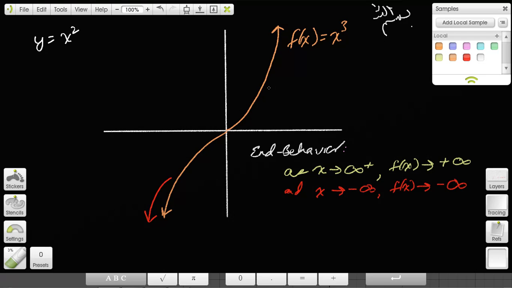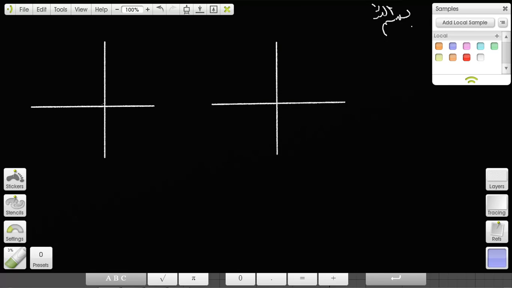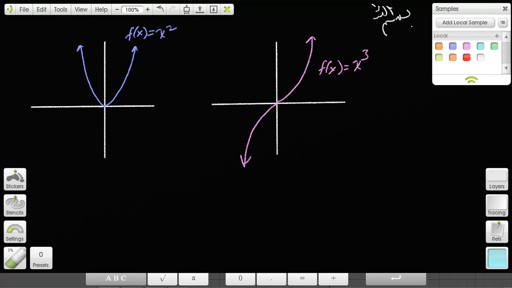In other words, if you were to draw these two functions out over here, this is f of x equals x squared, and this is f of x equals x cubed. All polynomial functions are going to behave like this. In other words, look at this function. This is a polynomial function. And look at this function.